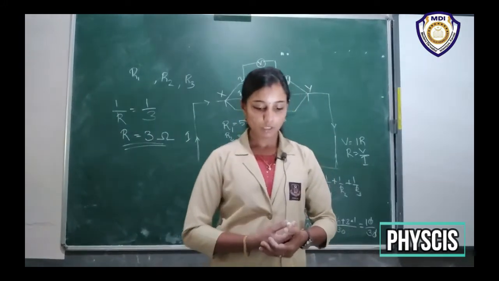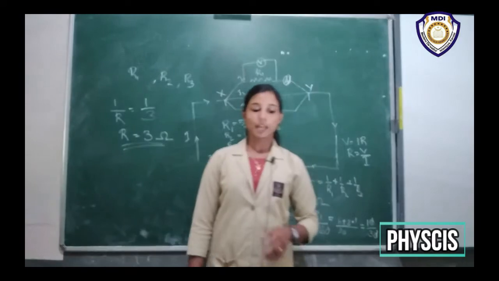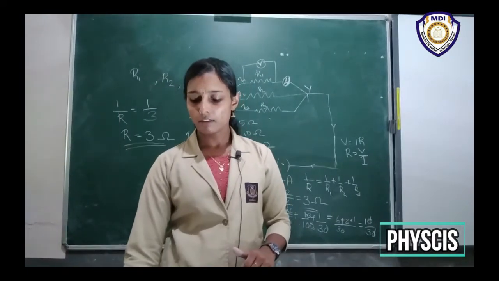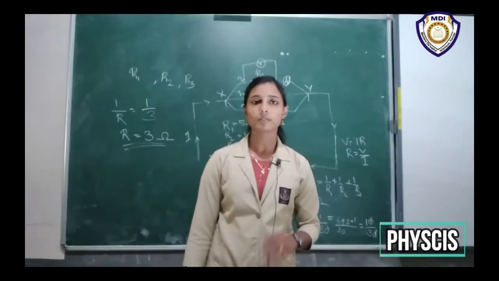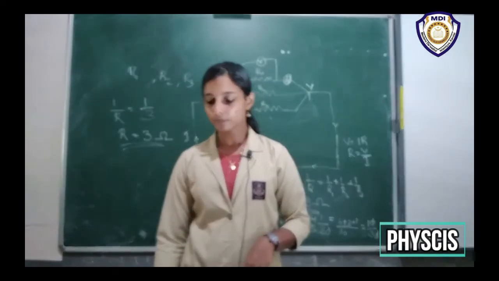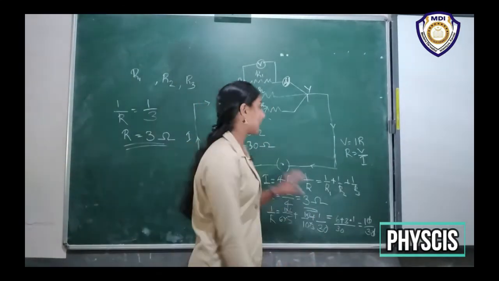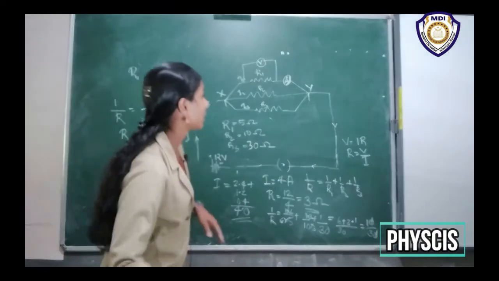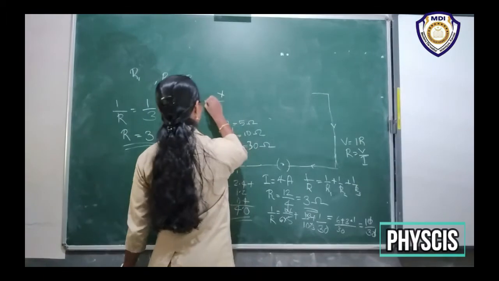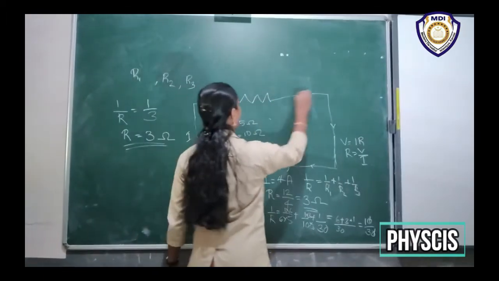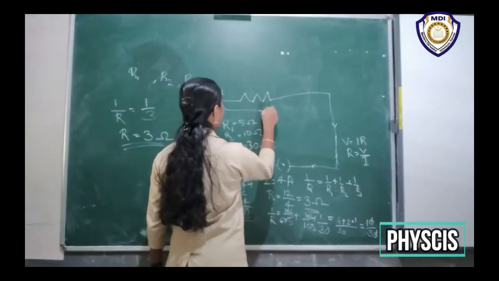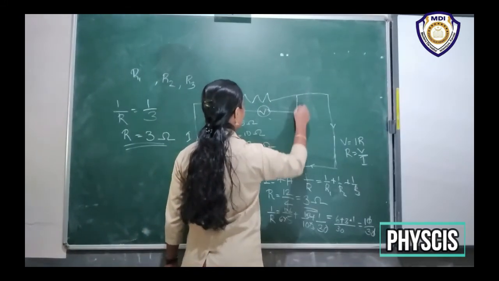Okay, so consider a current I flowing through a circuit. We have a circuit having some resistors connected in series or parallel, and here we can take a circuit having a resistor, and next one, here we have a voltmeter.